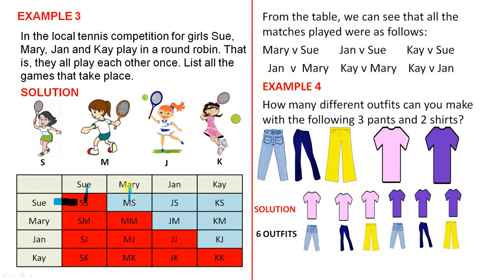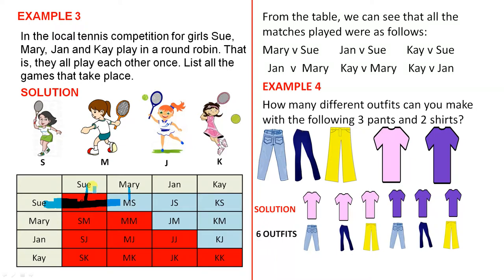This square here, if you go up and then you go across, that's SS. This square here, up and across to the beginning, MS. This square here, up and across, JS, meaning Jan Sue. This square here, up and across, KS, meaning K Sue. I'll do one more here.